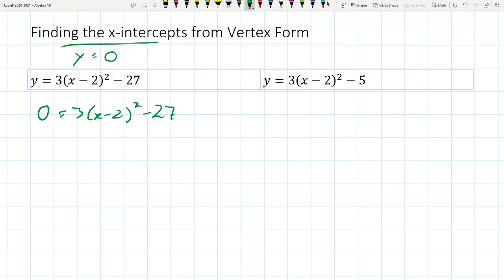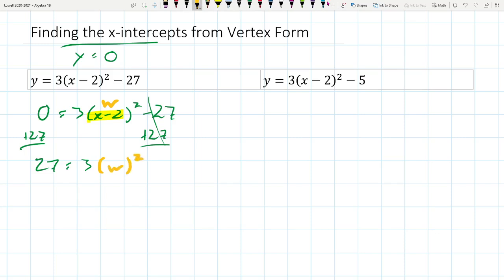I'll add 27 to both sides, and we get 27 equals 3 times (x minus 2) squared. We've seen things like this before. If you're unsure, you can substitute and call x minus 2 by another name, maybe w. So I'll rewrite this as 3 times w squared.